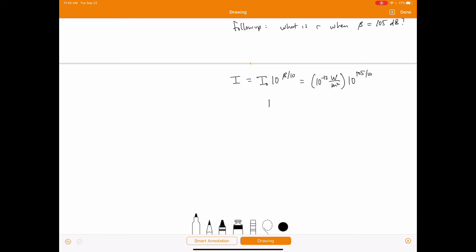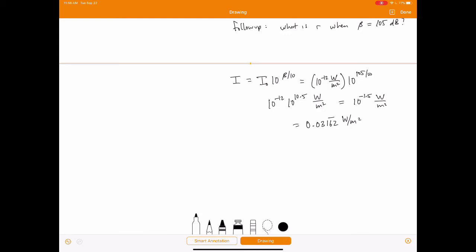So we have 10 to the minus 12 times 10 to the 10.5 power. And then we have watts per square meter. And what we get is 10 to the minus 1.5 power watts per square meter, which will give you 0.03162 watts per square meter. So that's the sound intensity I that we're talking about.